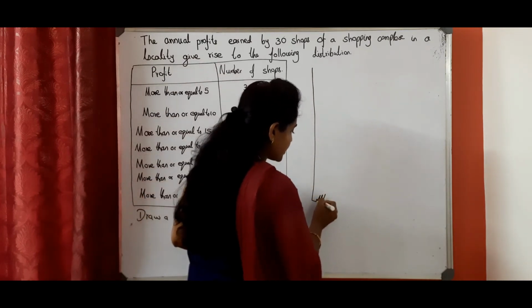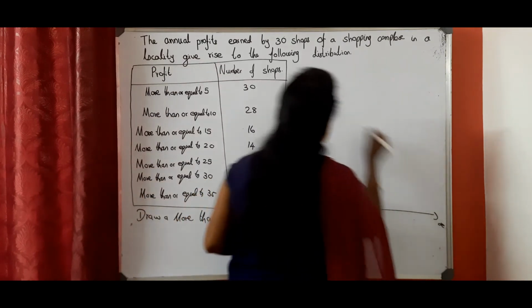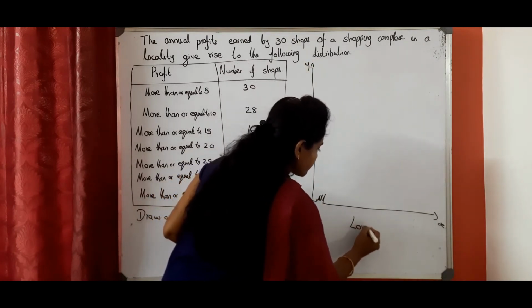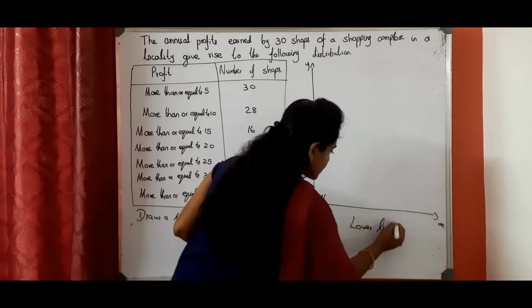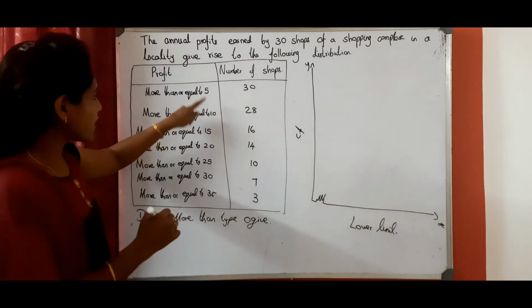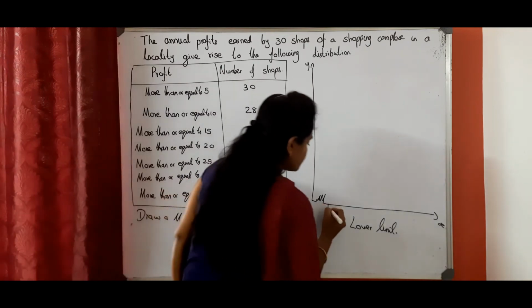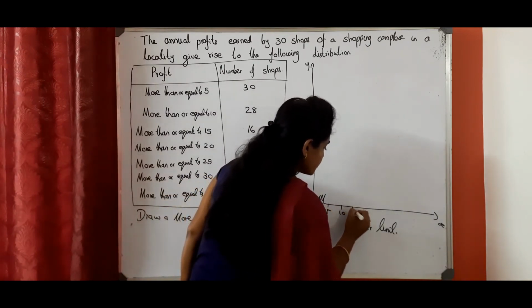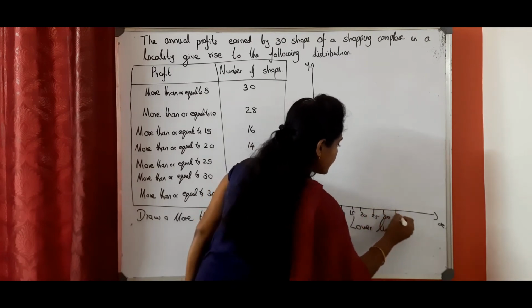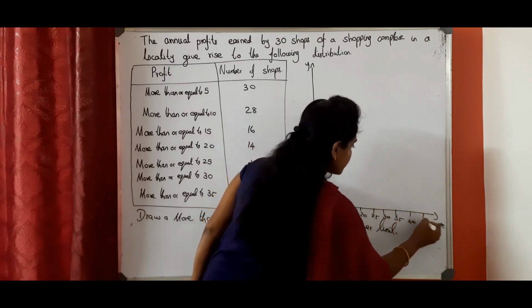So in a graph sheet, this is X and this is Y. Here lower limit, and this is the CF value, right? See, lower limit 5, 10, 15, 20, 25, 30, 35, 40, 45.